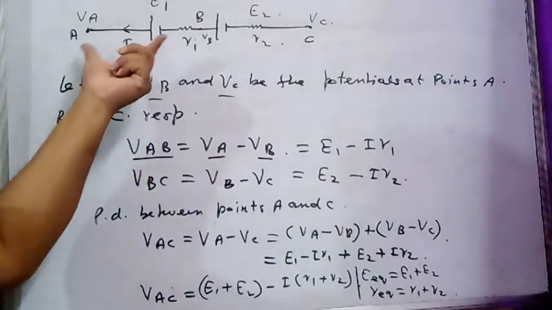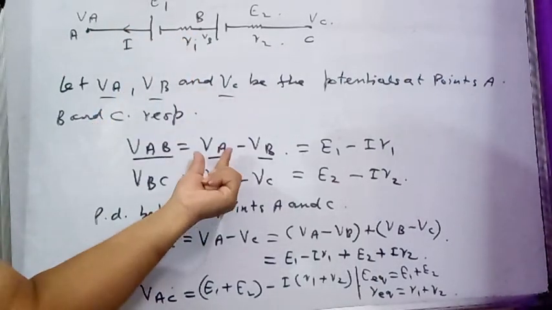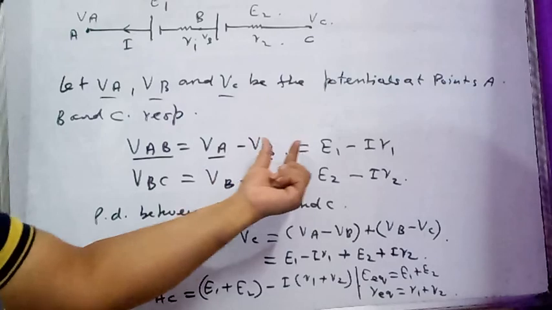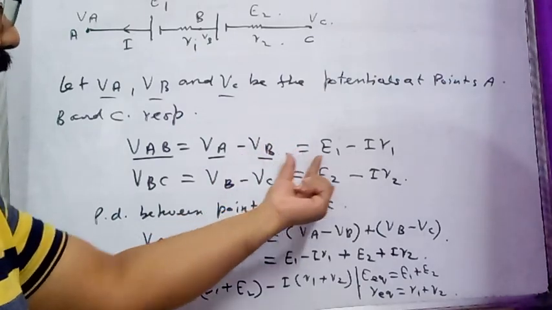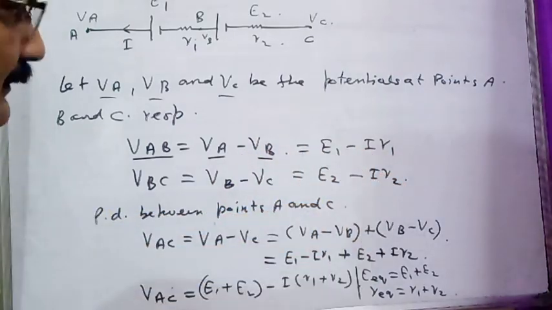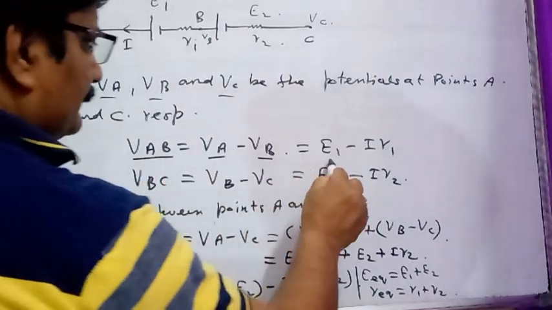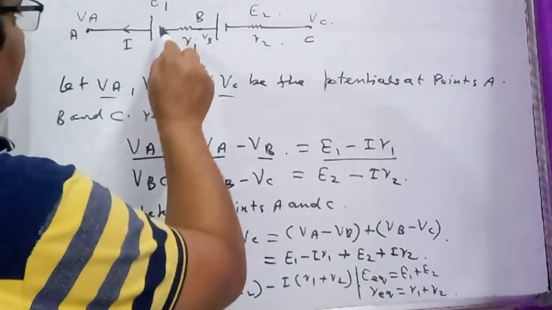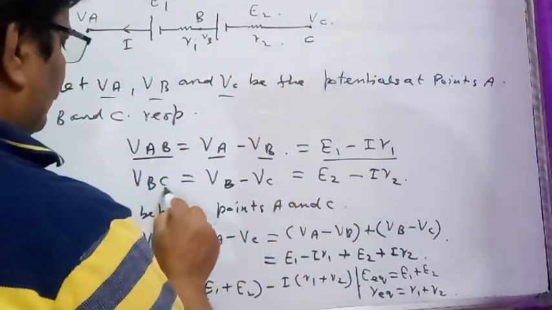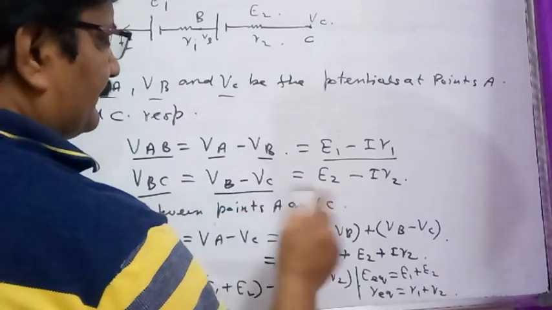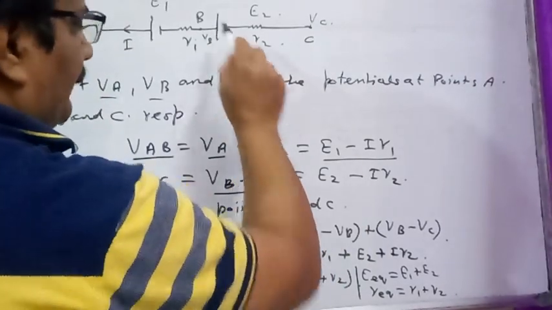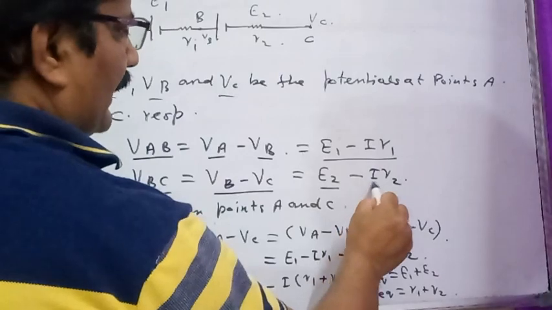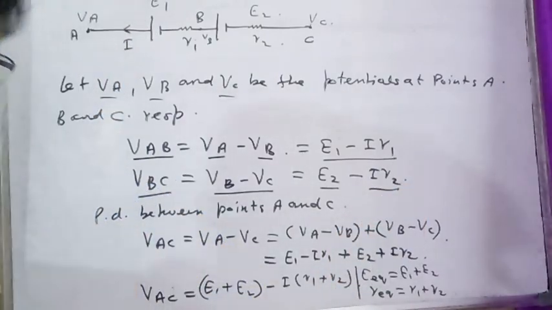So potential difference between points A and B, VA minus VB, is E1 minus I R1. Similarly, potential difference between points B and C, VBC equals VB minus VC, is going to be EMF of cell E2 minus I into R2.